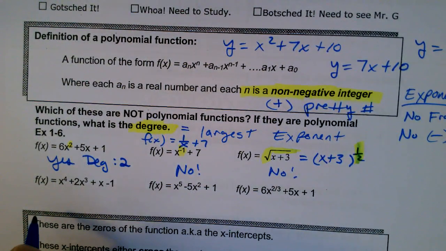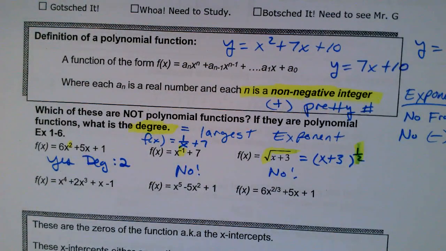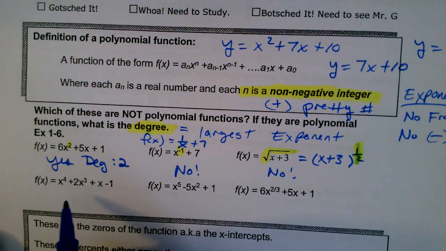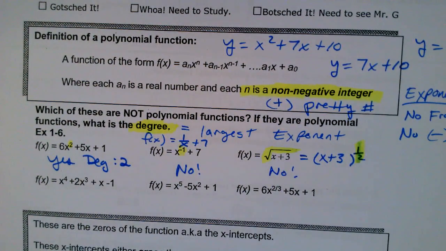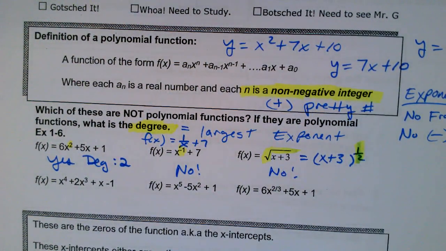Yes or no? What do you guys think? Joey, Michael, John, what do you guys say? Yes or no? Look at the exponents. 4, 3, 1. Are we okay? Use your microphones, guys.